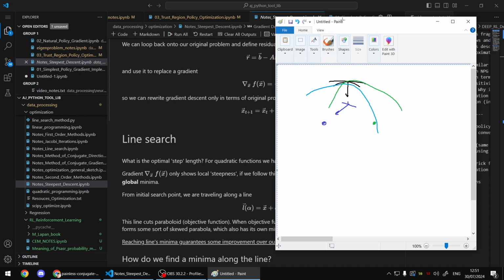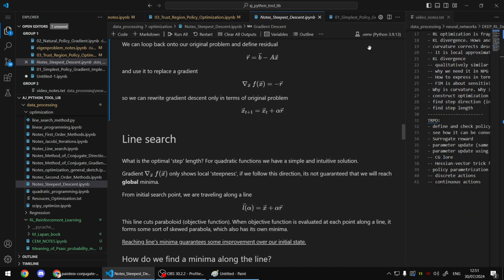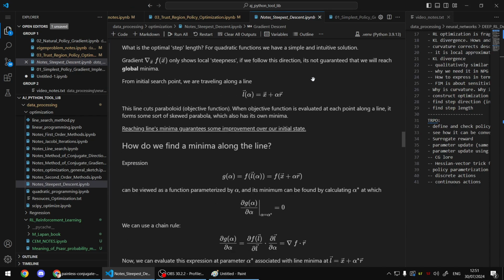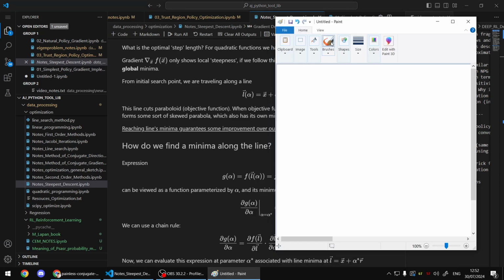And that's the next question. How to find how far? We know the direction. And it boils down to this: we just parameterize this exploration direction by basically extending from some x0 some kind of vector d naught, we just scale it and search along this direction.